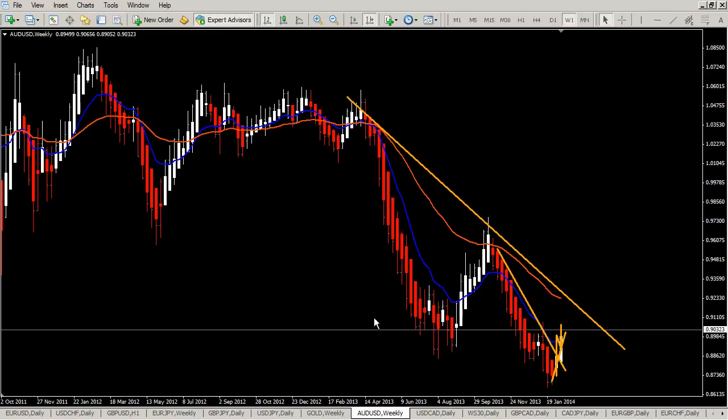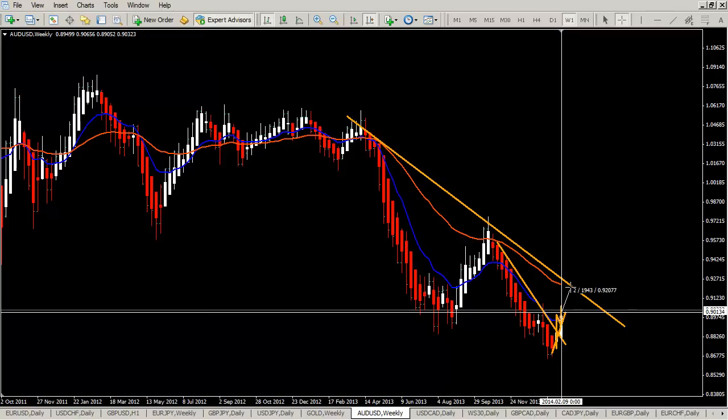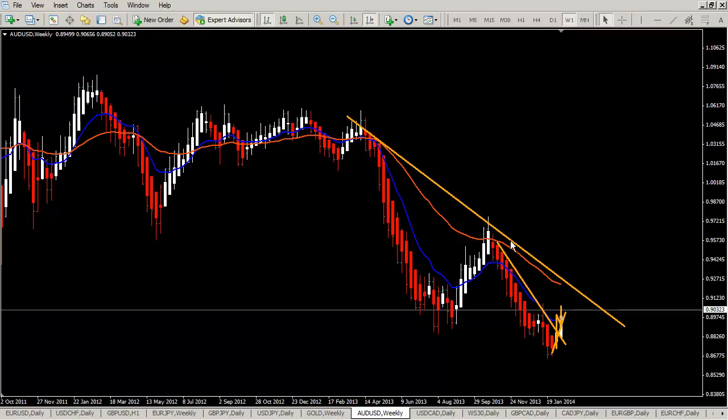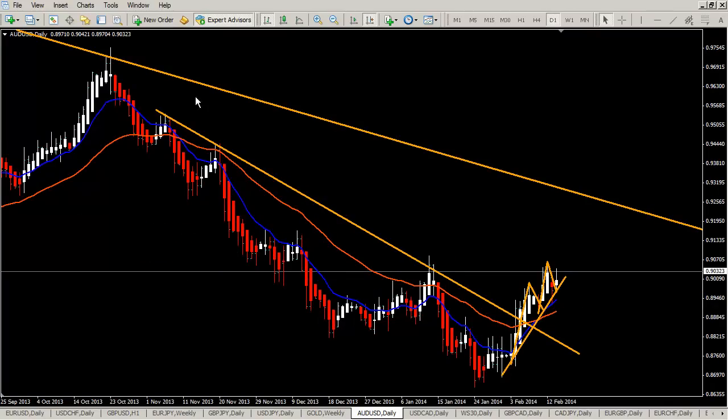Australian dollar, US dollar, a swing short trend, of course, here, very powerful short trend. The price is retracing right now, and we have still about 200 pips before it's reaching the 36, a major resistance. But on the daily chart, if you look, it broke the line.